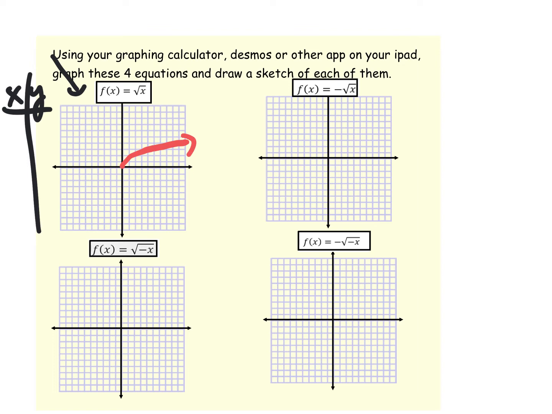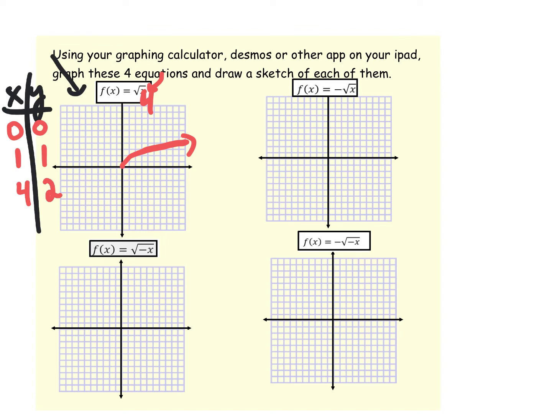If you want to get specific, if you put in 0 into this function right here, you get 0. You put in 1, you get the square root of 1, which would be 1. If you put in 2, it's kind of difficult because you get this weird decimal. So then you probably jumped up to 4. If you put in a 4, you got the square root of 4, which was 2.